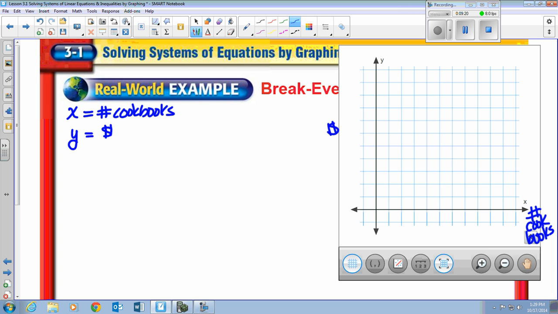So we're going to write one equation for revenue and one equation for cost. Our revenue is good. That puts us in the black, so we'll use black for revenue. The revenue or money we make is going to be $6 for every cookbook. So $6 times the number of cookbooks. There's my revenue. Money equals $6 times the number of cookbooks. That's how much money I bring in for selling cookbooks.